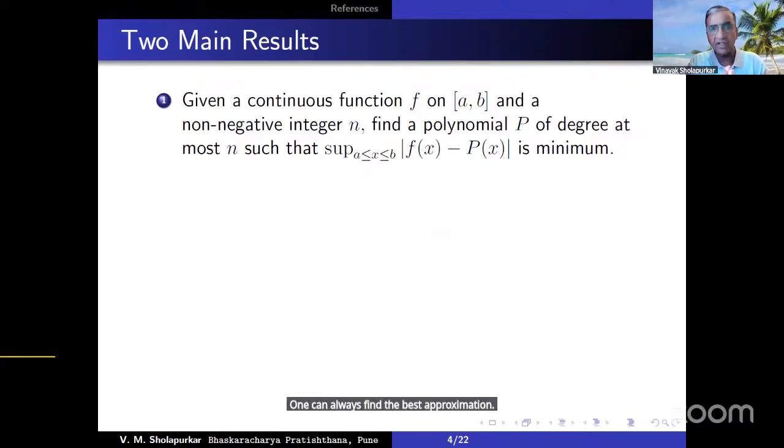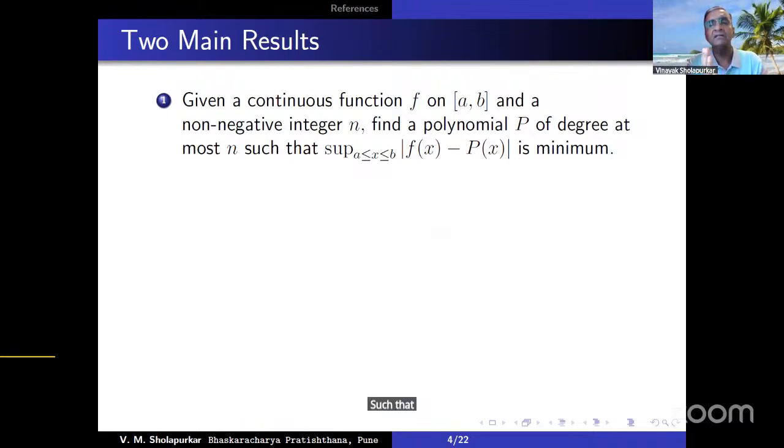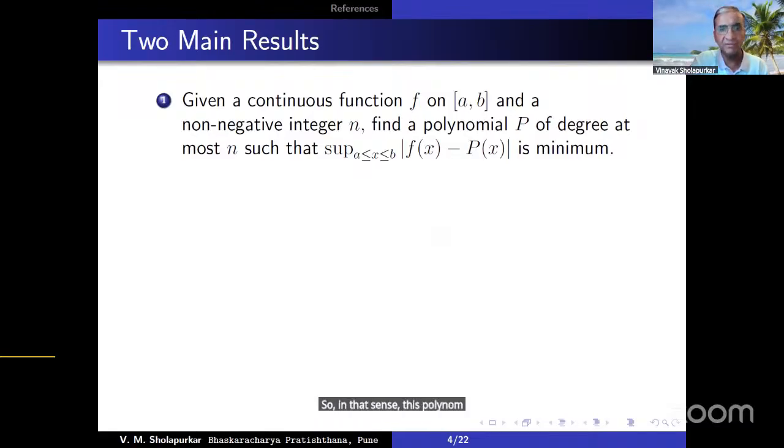So see the definition again: one wants to find a polynomial of degree at most n such that this supremum is minimum, so norm of f minus p is minimum. That means if you take any other polynomial q, then norm of f minus q will be bigger than norm of f minus p. So in that sense, this is the polynomial of best approximation.